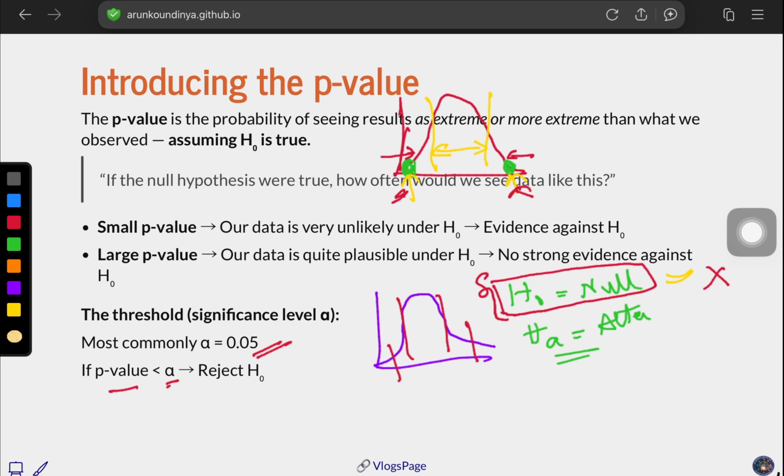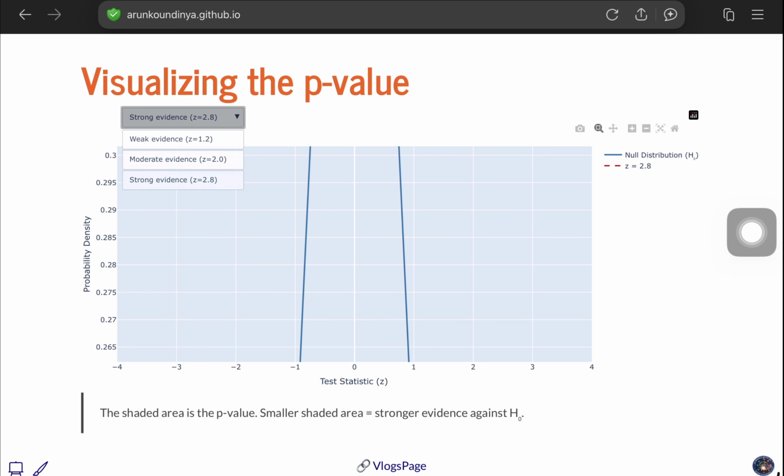So, under normal scenarios, if we want to be 95% confident in the null hypothesis, we need more confidence to reject it. That's the reason we commonly choose alpha equal to 0.05. Having this intuitive understanding, let's jump into the next slide.